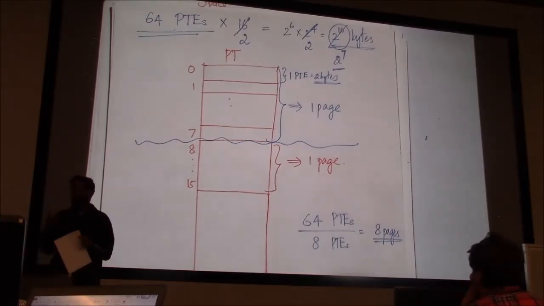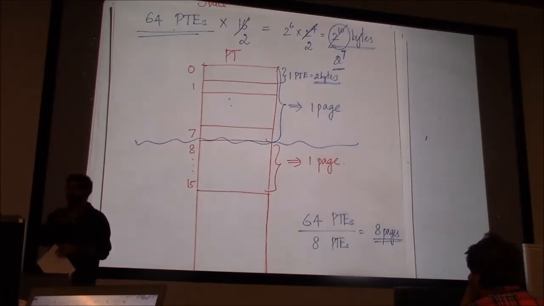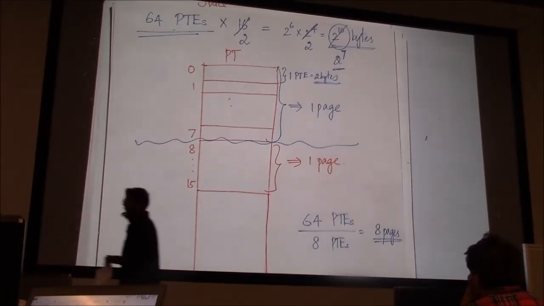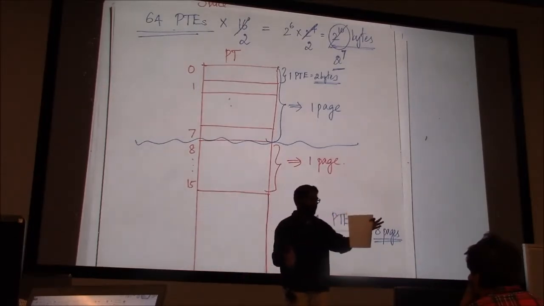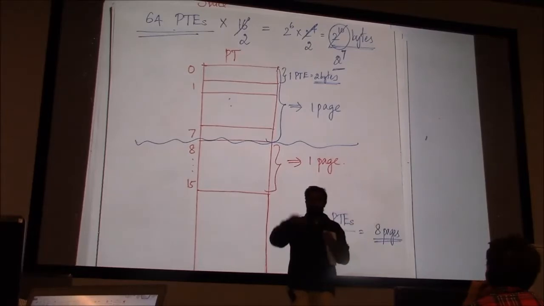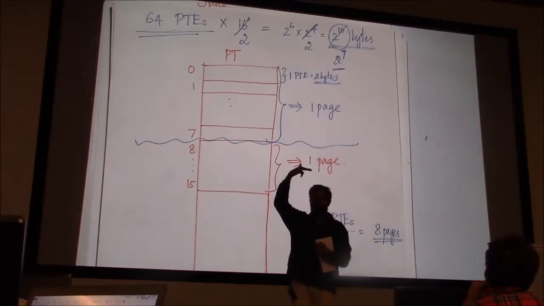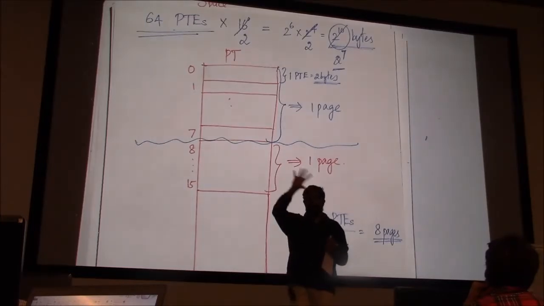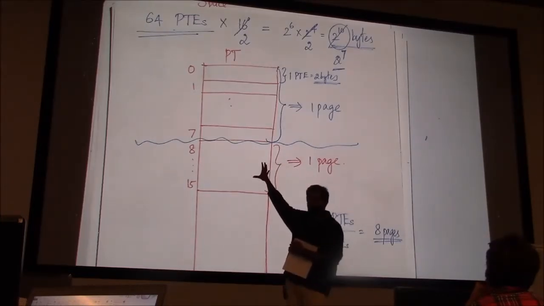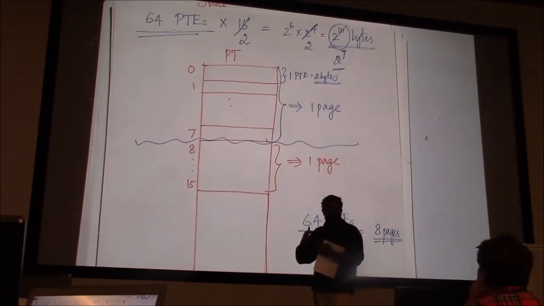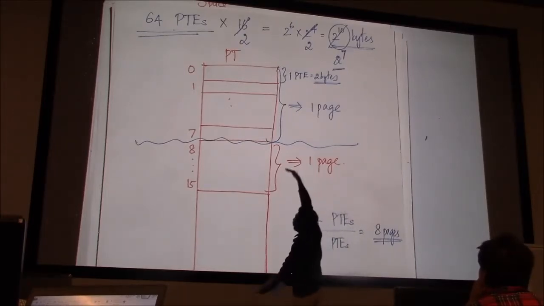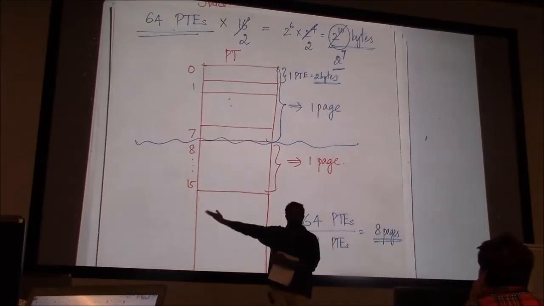If we have one more structure on top of this, which stores the mapping information of where the first part of this page table is stored, where the second part is stored, then we really don't need this whole page table to be stored contiguously in the physical memory.